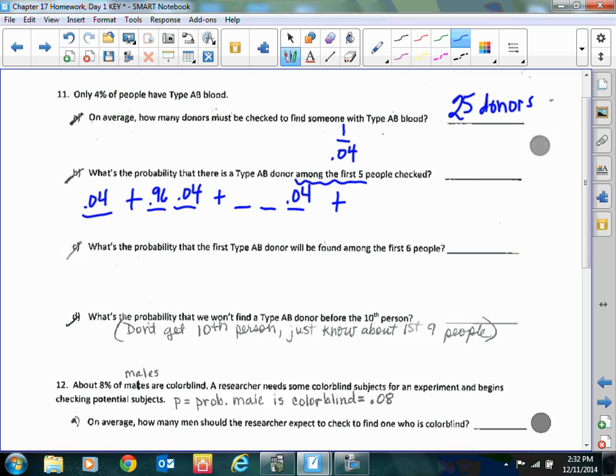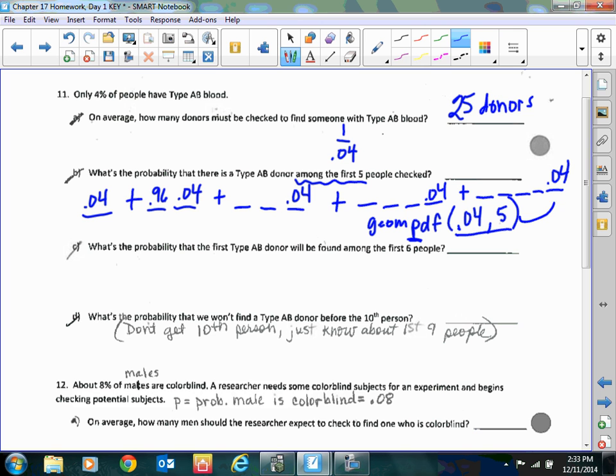If you do geometric PDF and the 0.04 is in the 5th spot, you are only doing this piece right here, which is 0.96 times 0.96 times 0.96 times 0.96 times 0.04. That's just the one case.